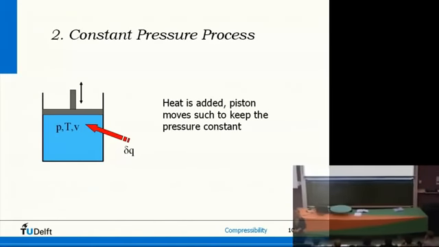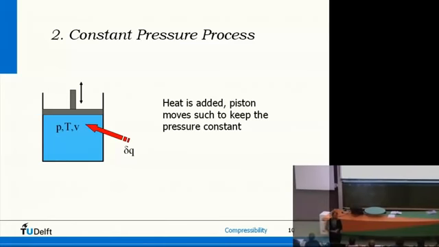Then process type 2 is a constant pressure process. In this case, I again add or subtract heat to my system, but now I make sure that the pressure of my system internally is kept constant. How do I do that?